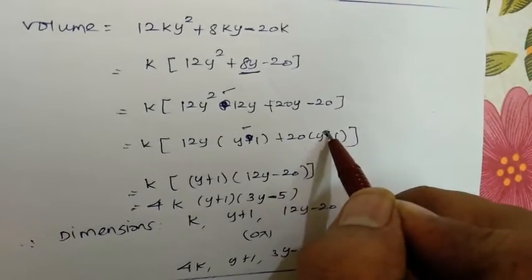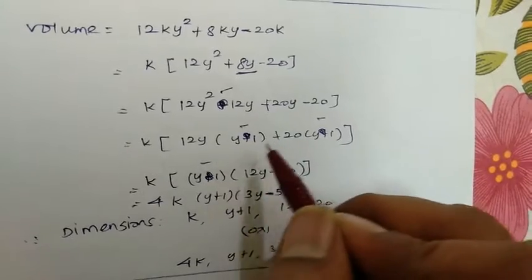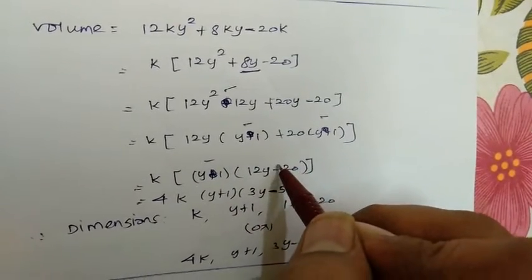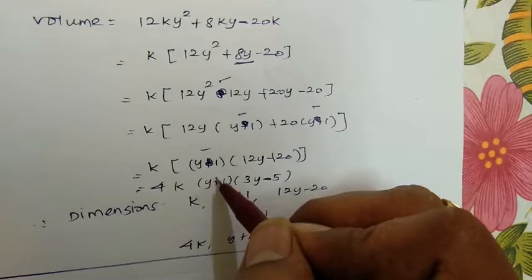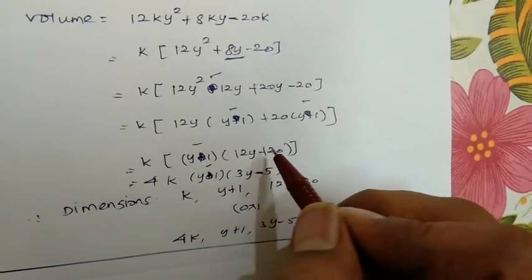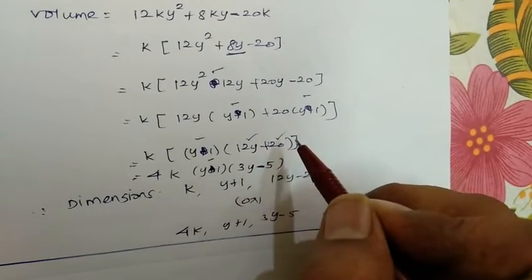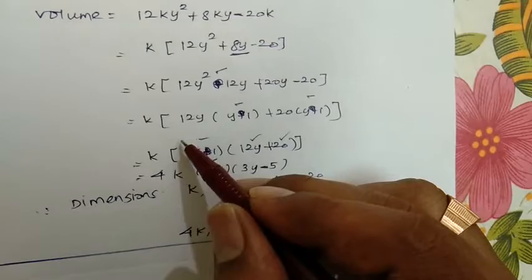So y minus 1. Now y minus 1 is a common. Remaining 12y plus 20. So y minus 1 into 12y plus 20. Here 12 and 20 are multiples of 4. We can write 4 as a common number.